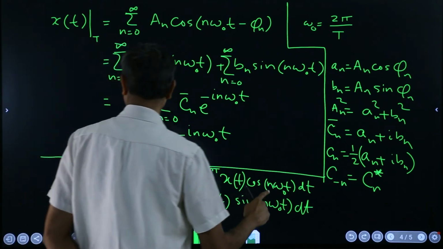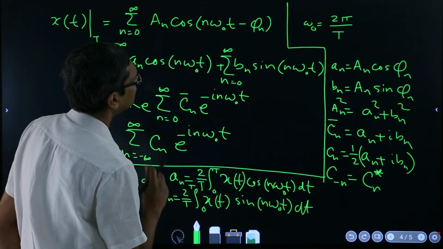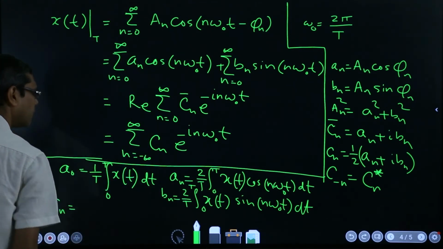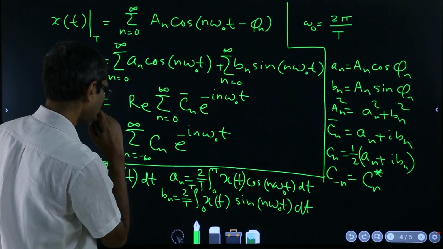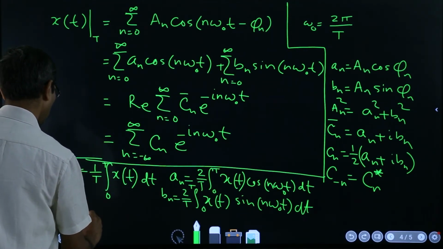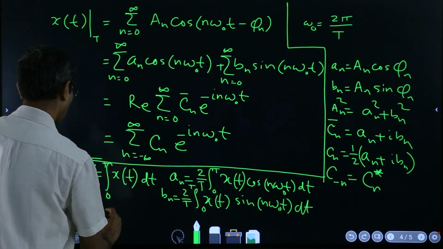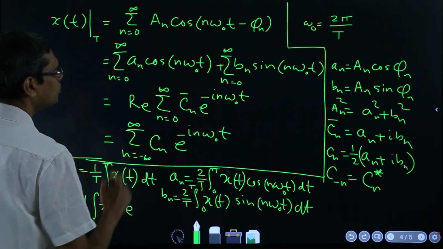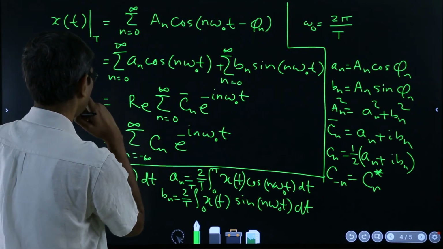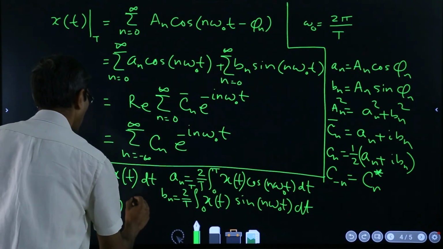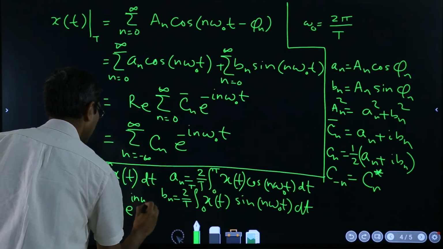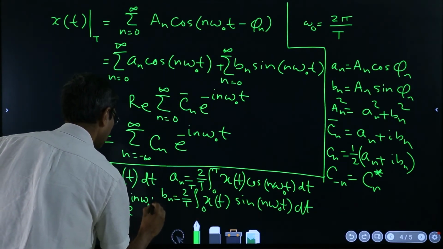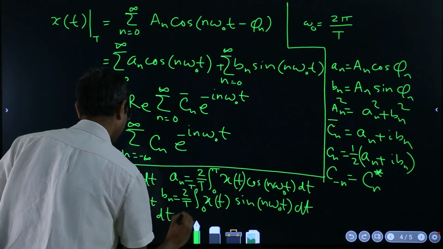Okay, this c_n, I just want to write it in this only. So now c_n will be nothing but 1 over T integral of x(t) e raised to minus i n omega naught t dt, right?